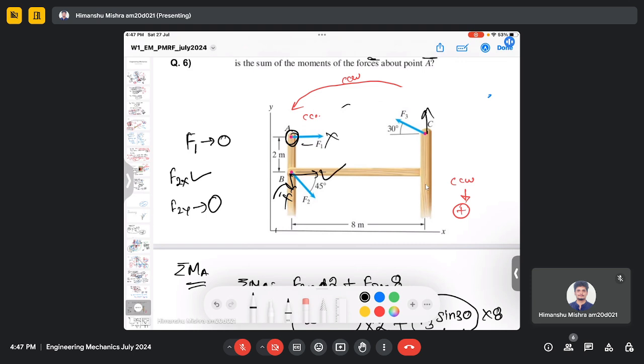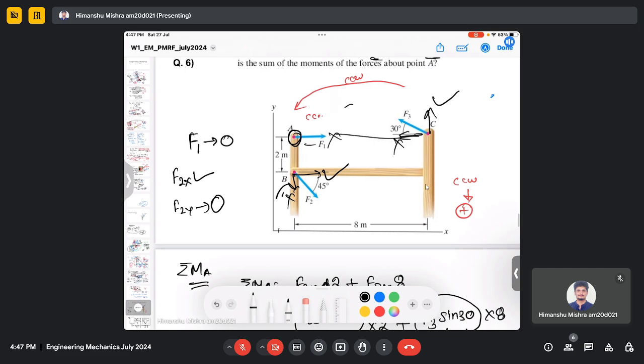Similarly, if you find the components of forces here, this will create a moment because there is a perpendicular distance, and this will not create a moment because there is no perpendicular distance. This is the parallel distance for this force, but the perpendicular distance is this. There is no perpendicular distance from point A to this force. So only this and this are creating the moment.